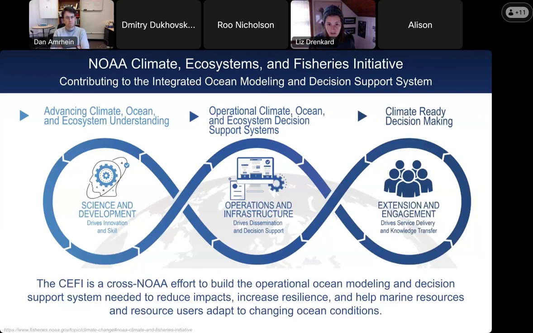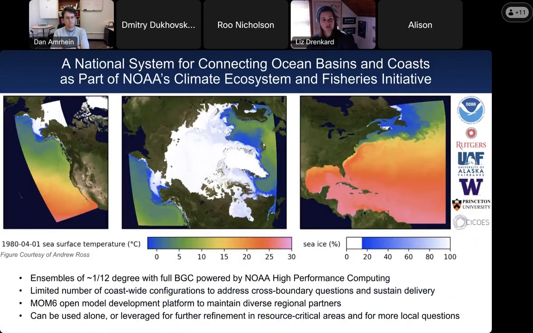But the NEP model, the Northeast Pacific Regional MOM6 model, which I'm working on, is one of 3 large efforts going on to cover all of the US coastal regions. We've got Andrew Ross leading the Northwest Atlantic model, and then Kate Hedstrom at University of Alaska Fairbanks leading the Arctic Ocean model. So together, those 3 different model domains cover our continental US and Alaskan coastlines. We also have a group that's working on the Hawaiian Islands as well.